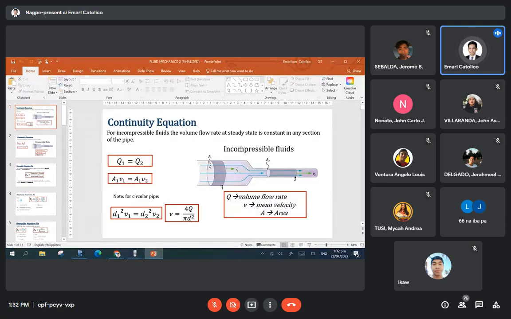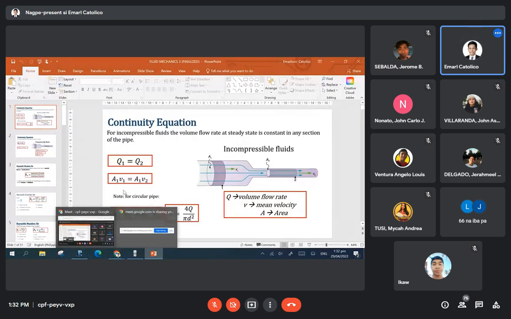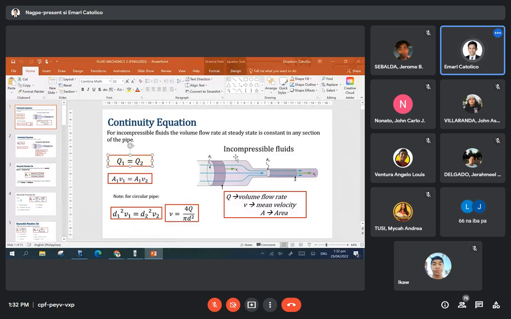So for incompressible fluids, the volume flow rate at steady state is constant in any section of the pipe. So yung Q natin at incompressible fluid is constant. Q1 is equals to Q2. Pwede mo siyang i-write as area 1 times velocity 1 is equals to area 2 times velocity 2.